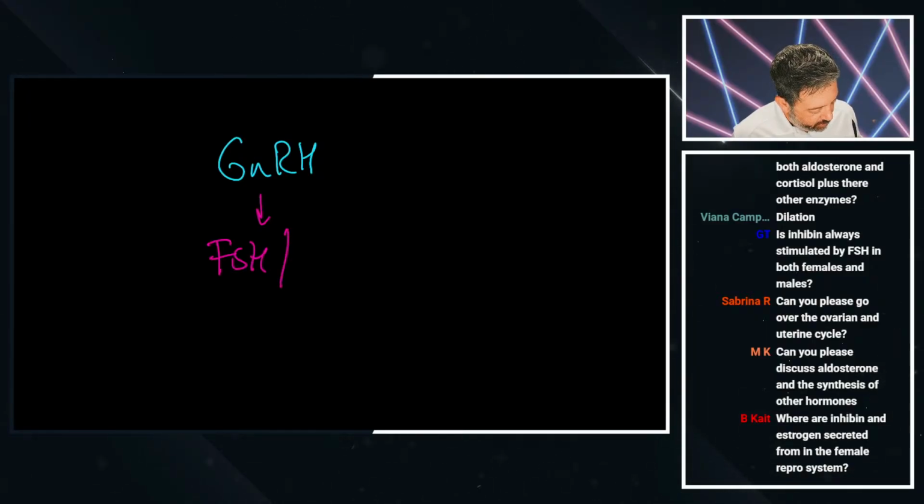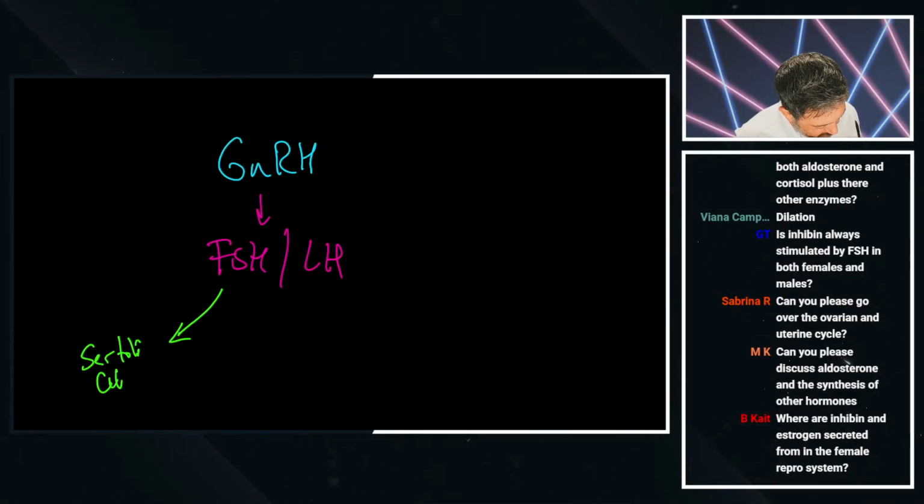So we have GnRH goes to the anterior pituitary, FSH and LH. FSH, again, they both go to the gonads, but in males, FSH will go to the Sertoli cells, where they will start spermatogenesis and making new sperm.